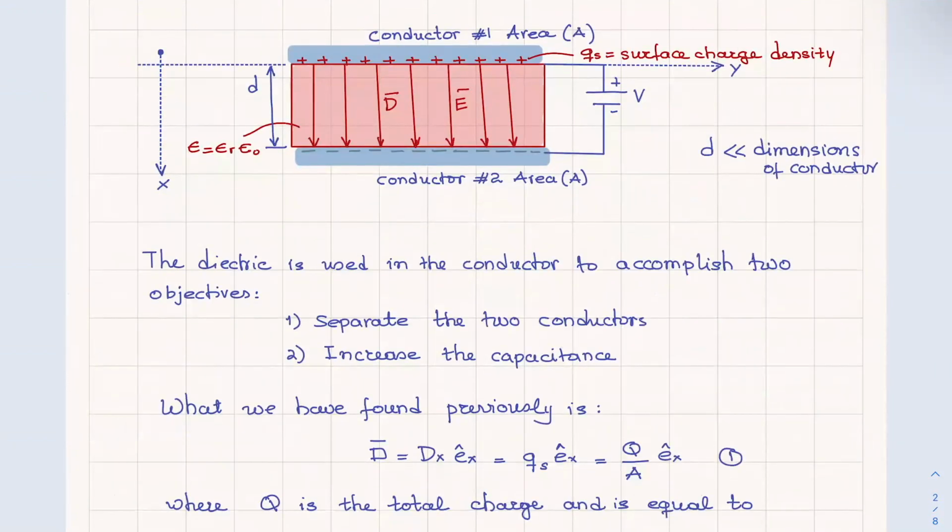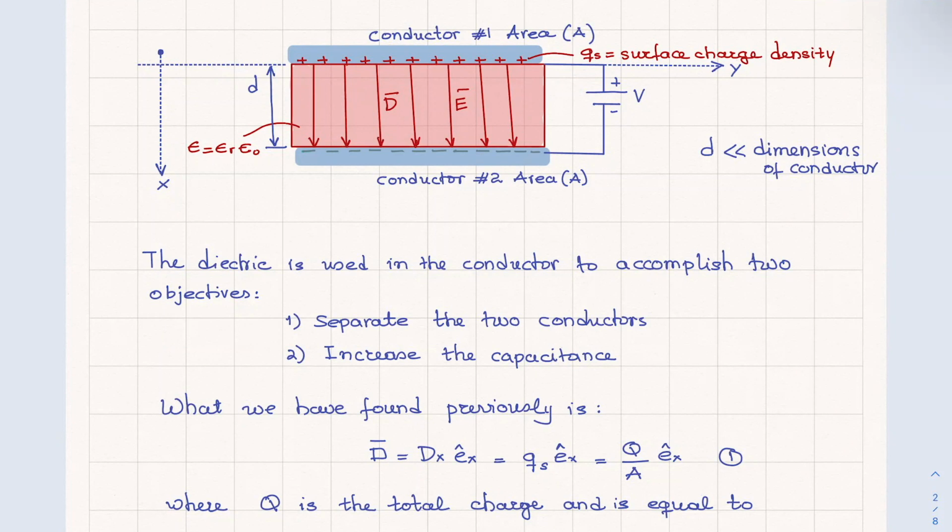we have, in all cases rather, that a conductor is separated from the other conductor in a capacitor by a dielectric. Otherwise, how are you going to keep them apart at a particular distance D? They will collapse if we don't have something to separate them. So we always use a dielectric.